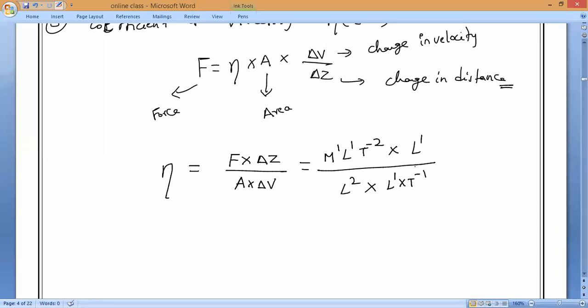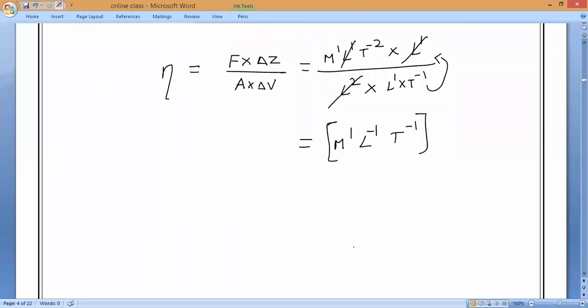Check everybody carefully: this L power 1, this L power 1 and this L power 2, both can get cancelled. So the dimensions of the coefficient of viscosity are M power 1, L power minus 1, T power minus 1.